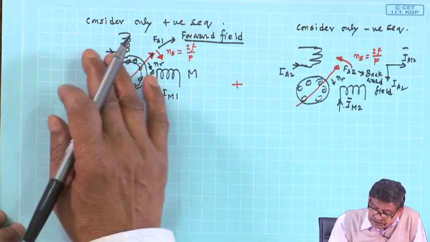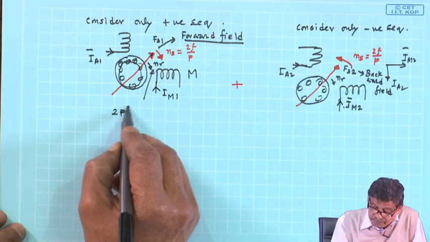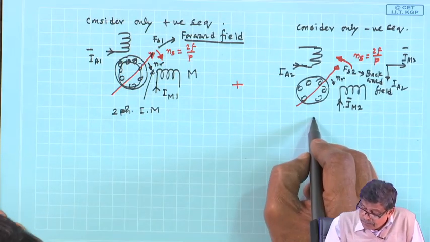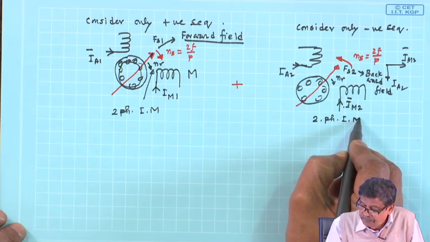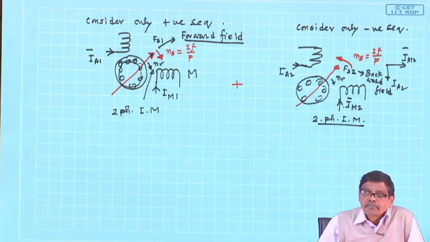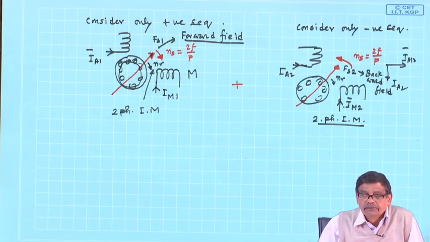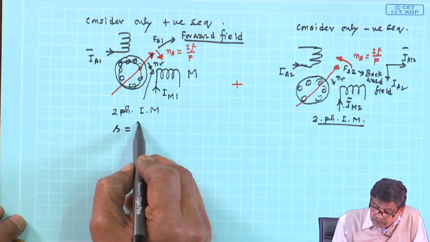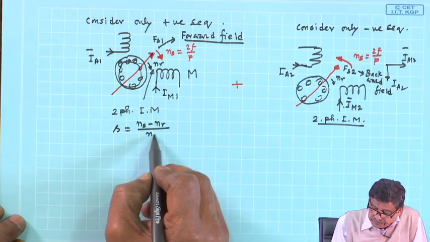And mind you, this is a balanced two phase induction motor, and this is also a balanced two phase induction motor. What is the slip at which this motor is running? S equal to Ns minus Nr by Ns.